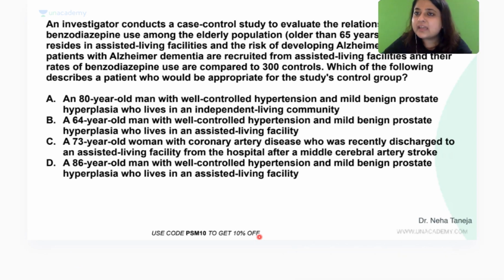Okay, so I gave you 75 seconds, 1 minute 15 seconds, and 23% got it correct. Good. What was this question? Not difficult, guys. Not difficult. What have I told you?